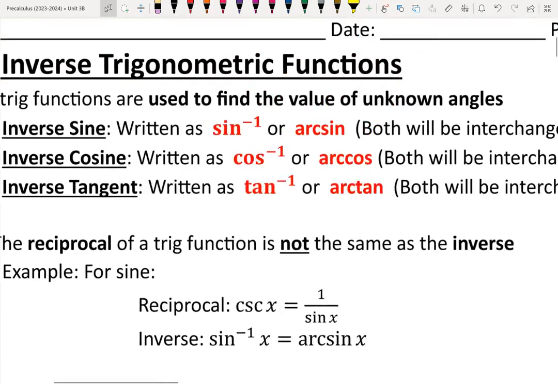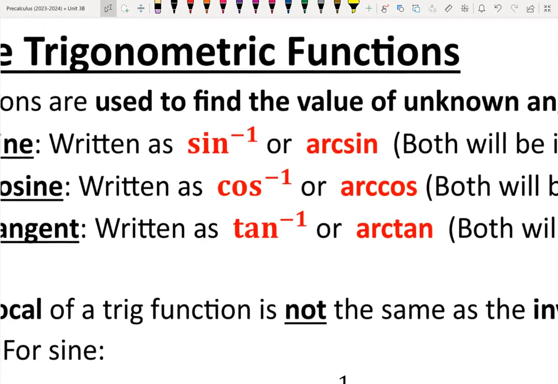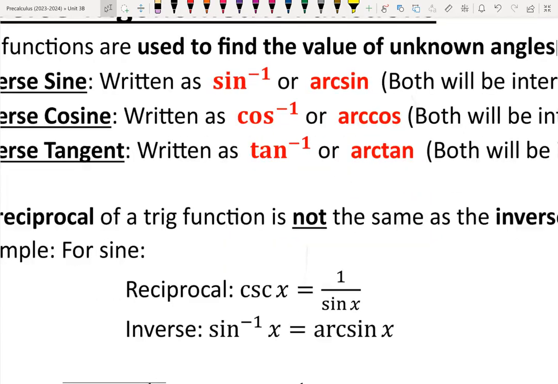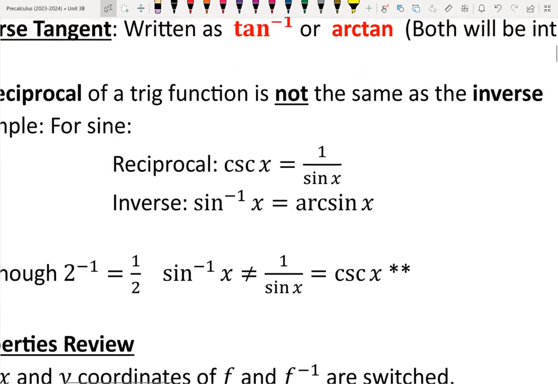Now one thing to remind ourselves, arc sine, arc cosine, arc tangent mean exactly the same thing as sine inverse, cosine inverse, tan inverse, and will be used interchangeably a lot. But whenever we see sine to the -1, it does not actually mean a -1 power, it means the inverse. Just as f inverse of x would be the inverse, not the reciprocal.